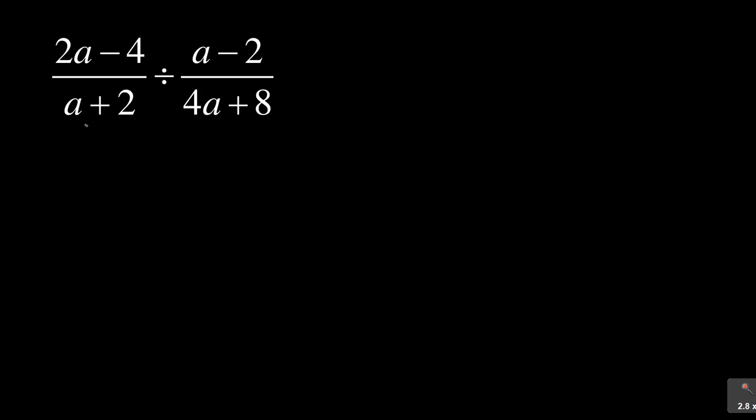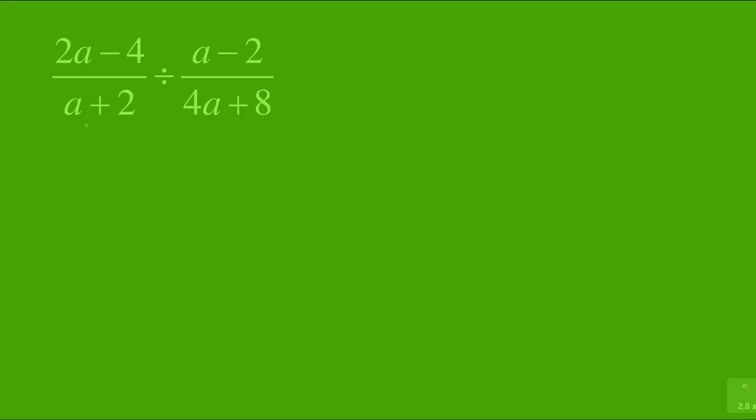The first thing is, let us look at our first fraction, which is 2a minus 4 over a plus 2. If you look at the top, which is the numerator, you have to ask yourself, can I simplify this numerator further? And if it can be simplified, how? You can simplify it by factorizing.